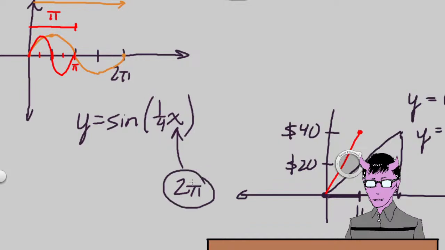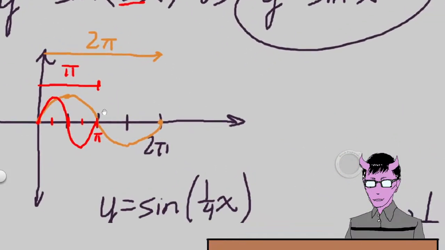So this one will be insufficient for hitting the reset value because it's modified by this 1/4. Essentially, we're now 4 times slower. We're 1/4 of the speed, so it takes us a lot longer to hit the reset value.